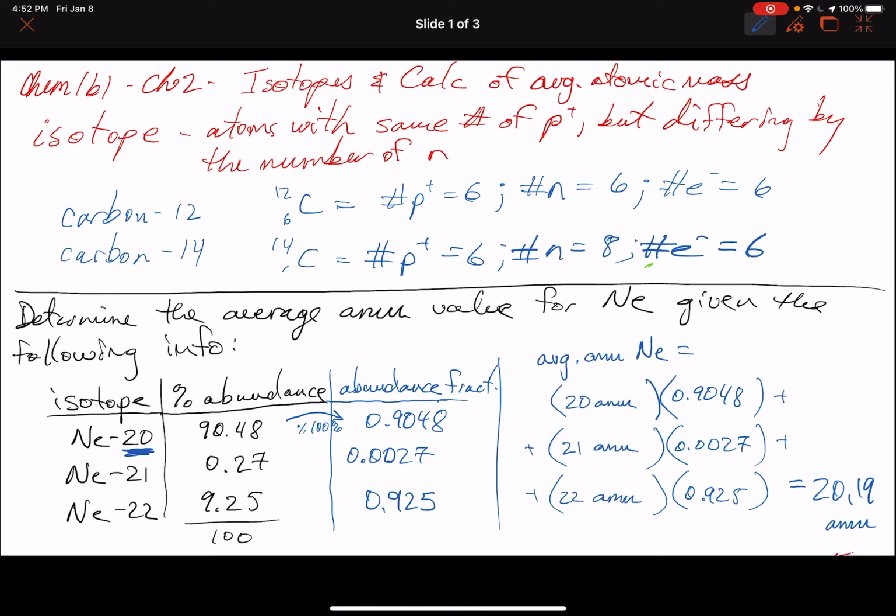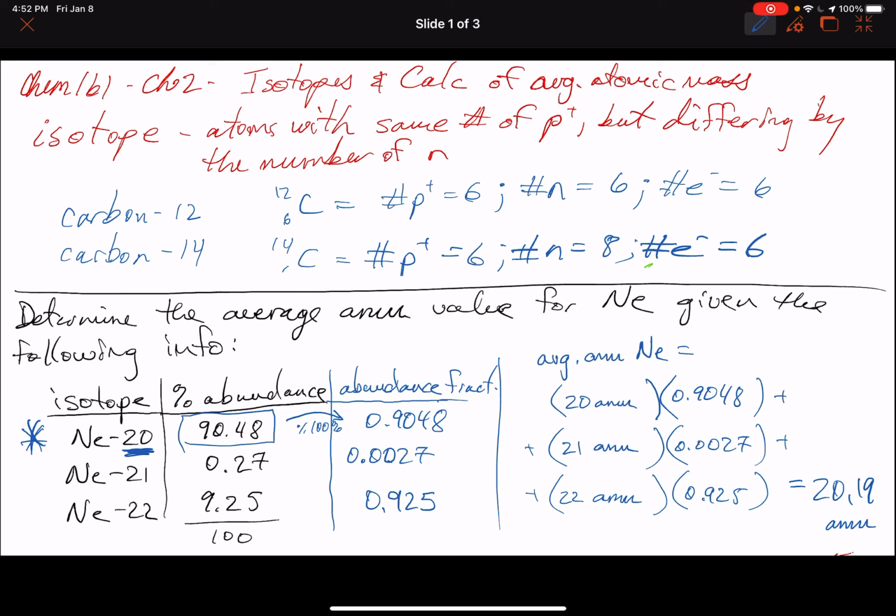Okay, and so our prediction was that the value should lie close to the lightest isotope because it was the most dominant by population, representing 90 atom percent of all neon known. And so our value here agrees with that.